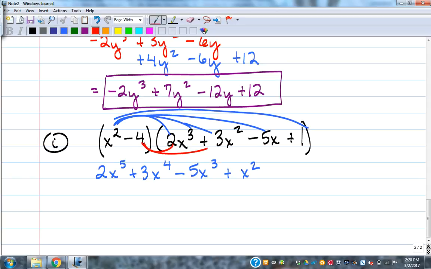And then distribute a minus 4 to all of the 4 terms in the other parentheses. So negative 4 times positive 2x to the third would be negative 8x to the third. Notice I went underneath the x cubes to stack that up.